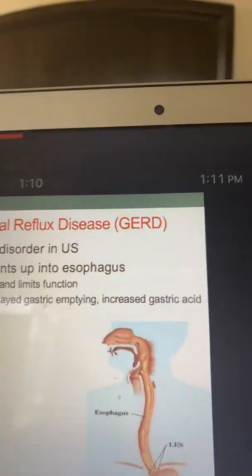So GERD. GERD is the most common upper GI disorder in the United States. Basically, what it is, I want to turn this camera around so I can show you this picture. You have a picture of it as well.